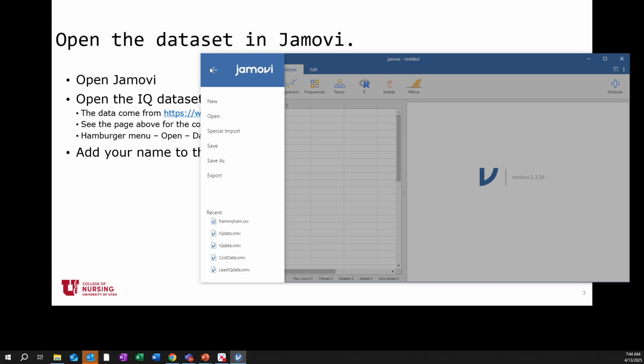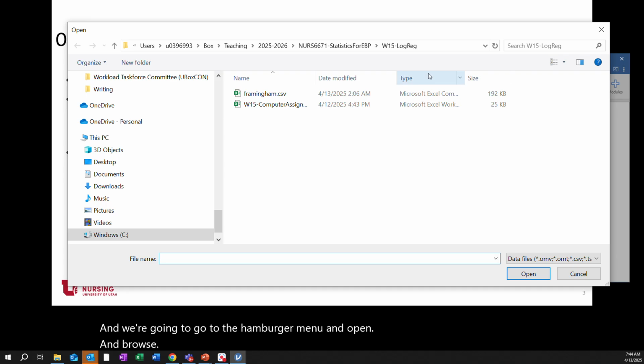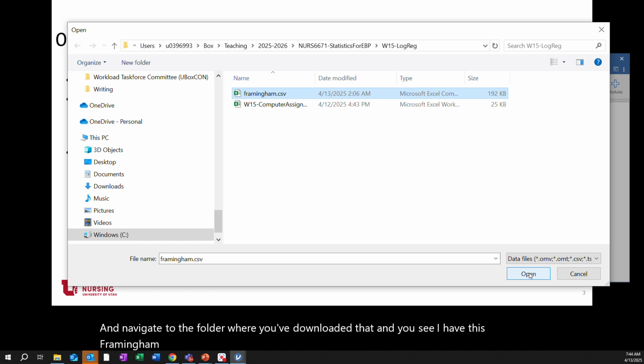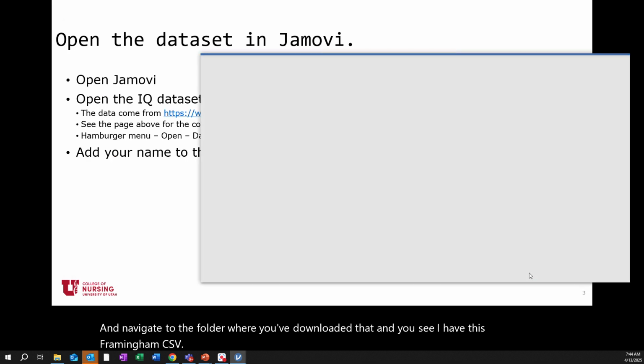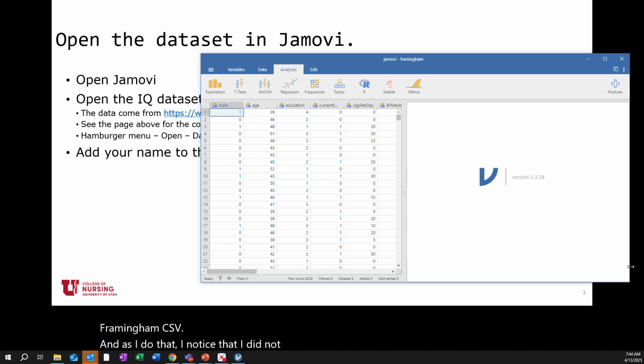And we're going to go to the hamburger menu and open and browse and navigate to the folder where you've downloaded that, and you see I have this Framingham CSV. And as I do that, I notice that I did not update the text on this slide.